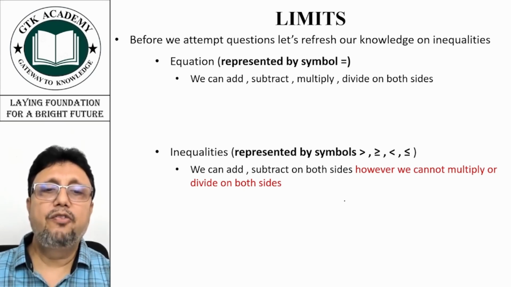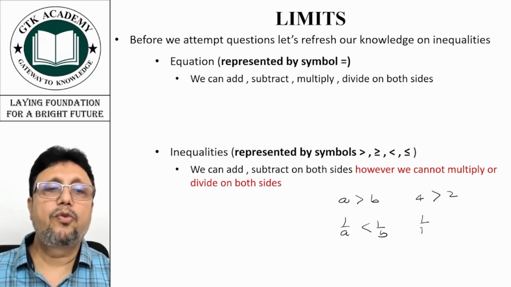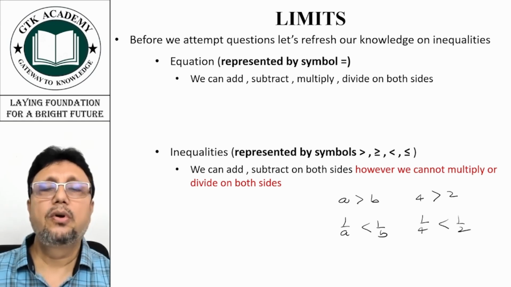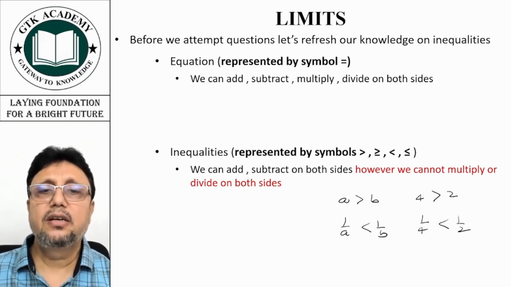One more thing: if a is greater than b, then 1 upon a is less than 1 upon b. Very simple. 4 is greater than 2, but 1 upon 4 is less than 1 upon 2. I think this is sufficient for you.